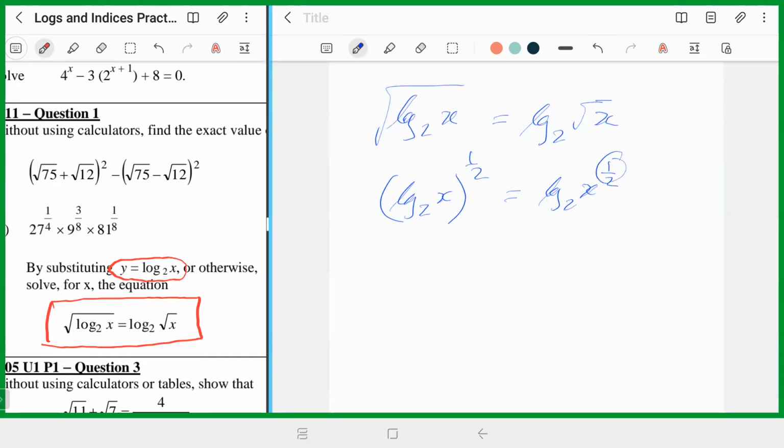This half can come to the front. Now inside, this is really y to the half. When I bring this half to the front, it becomes half y. So I'm going to write log to base 2 of x to the half equals half log to base 2 of x. I can make the substitution now, right?